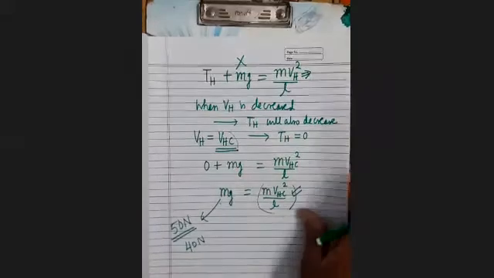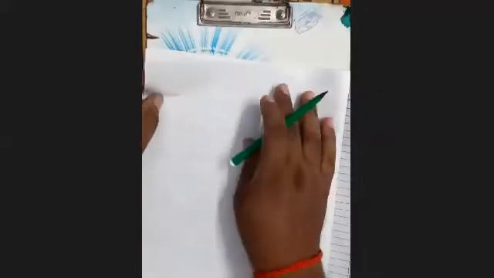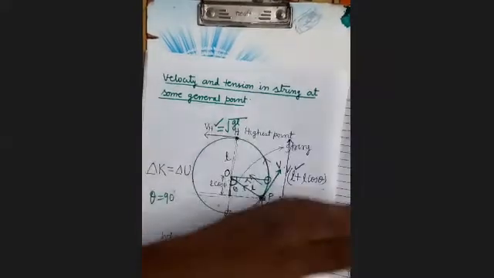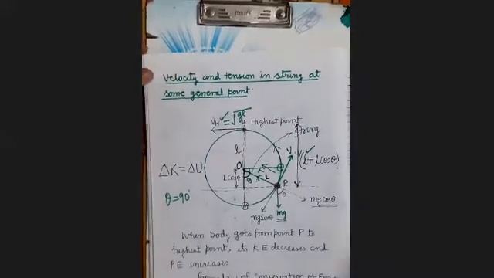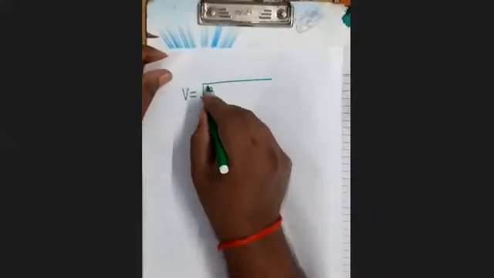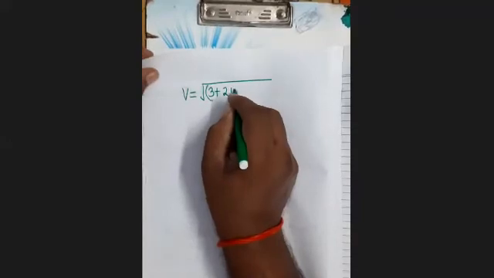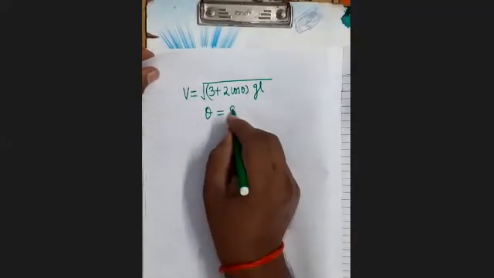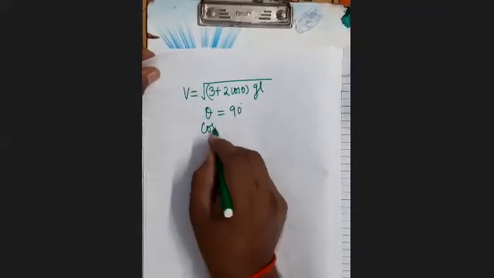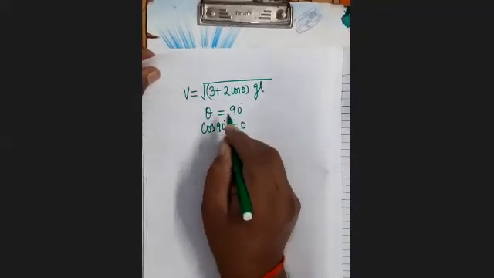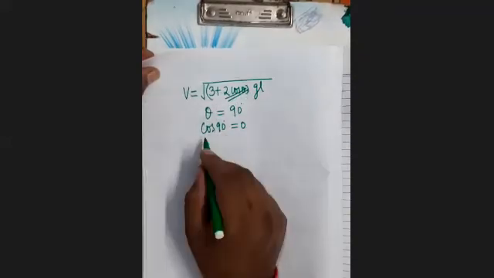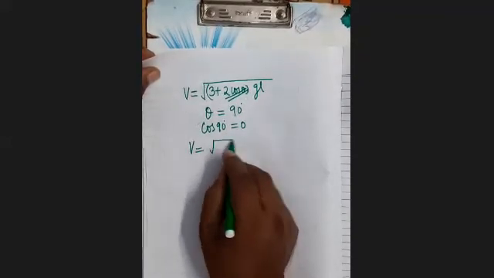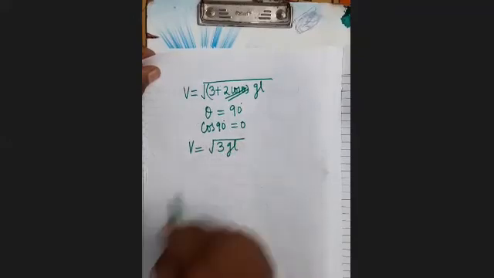V equals root of 3 plus 2 cos theta into GL. So when theta equals 90 degree, cos 90 degree equals 0. So this term will vanish. And what will be the speed? It will be root 3 GL.